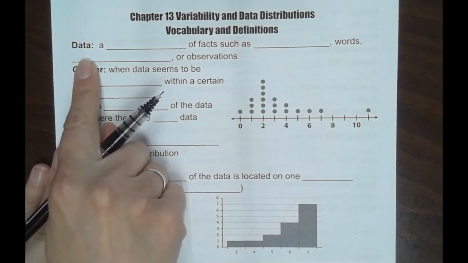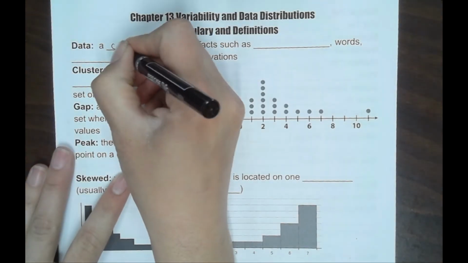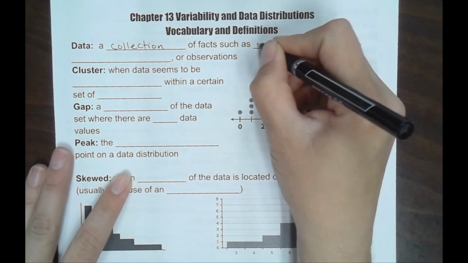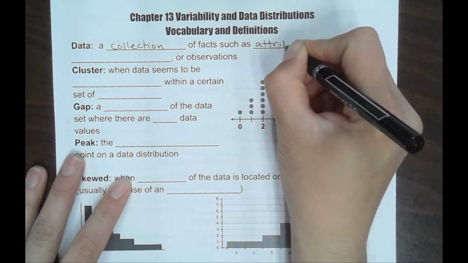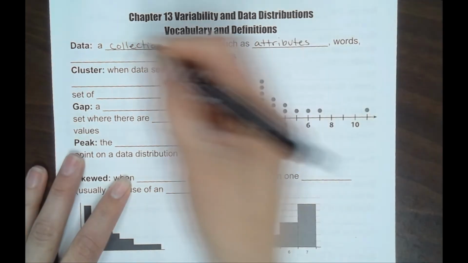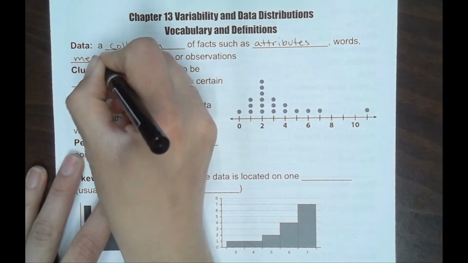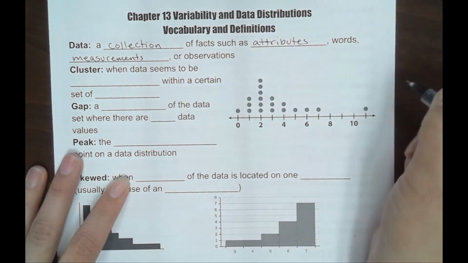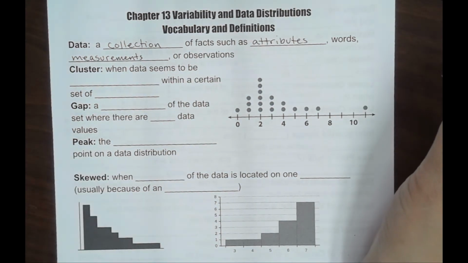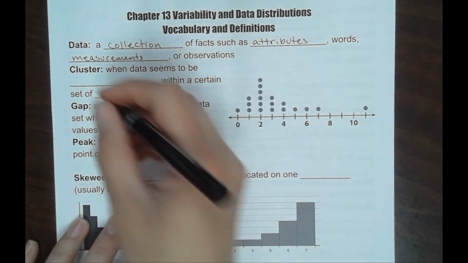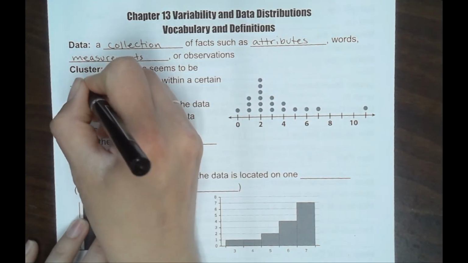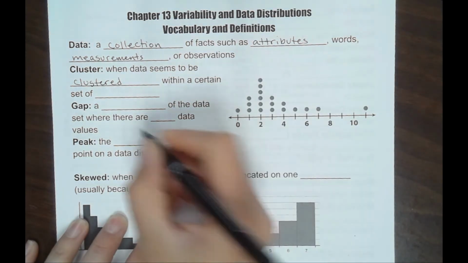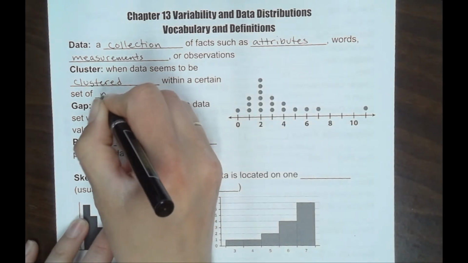So data is a collection of facts, such as attributes, words, measurements, or observations. A cluster is when data seems to be clustered within a certain set of values.